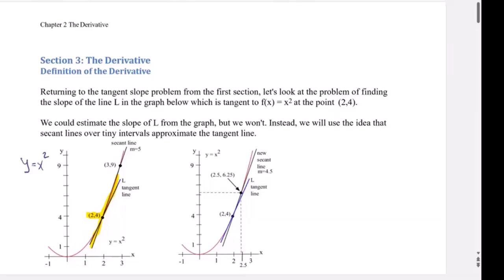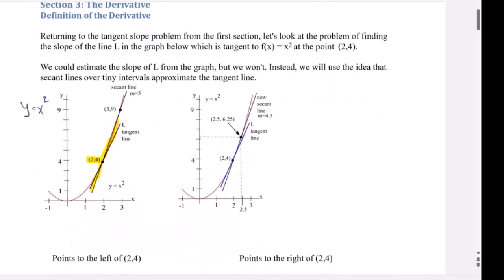So we could estimate the slope of L from the graph, but we won't. Instead, we'll use the idea that secant lines over tiny intervals approximate the tangent line. That's the basic idea behind calculus, is taking little tiny things so that we can approximate bigger things, okay?